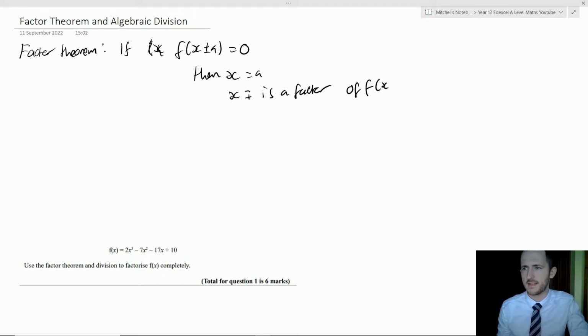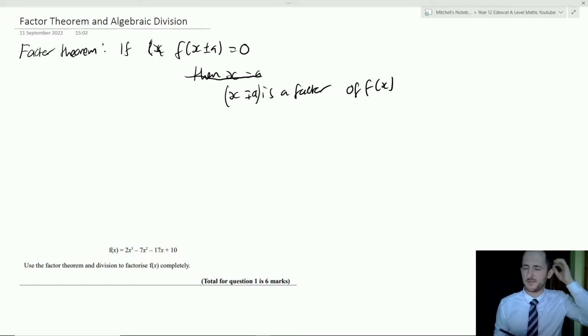That's how they normally write it in textbooks, right? So if you want, you can ignore this line. So if f of x plus or minus a is 0, then x minus or plus a, so don't forget you have to flip the sign, is a factor of f of x.